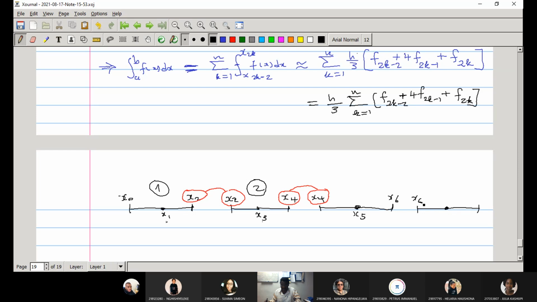Now we have x6, x7 here, x8. And similarly, so you see that for each subinterval, the endpoints have even subscript. They will be repeated except the endpoints.